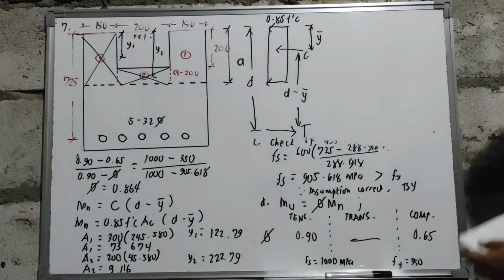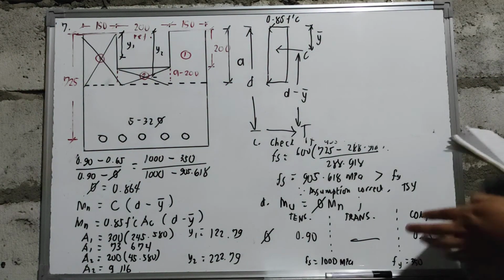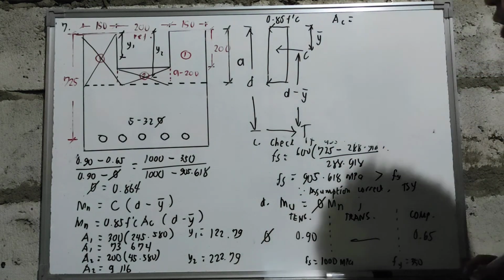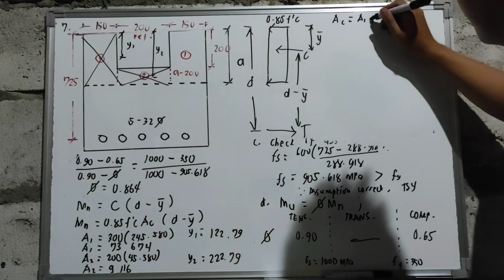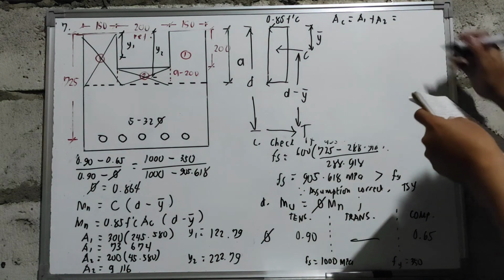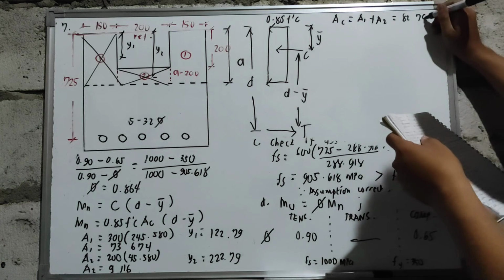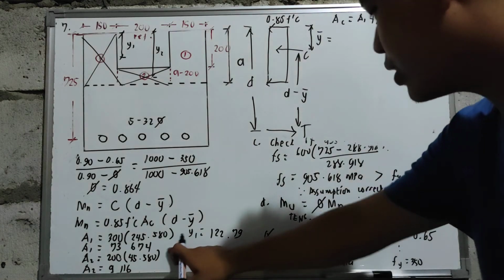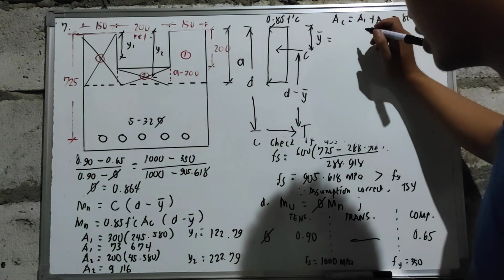So, hanapin na ngayon natin yung value ng y bar natin. So, una is yung total area ng compression natin. That is area 1 plus area 2, which is equal to 82,790 mm squared. So, hanapin natin yung value ng y bar natin. So, yung area natin, i-multiply natin to each individual centroid.